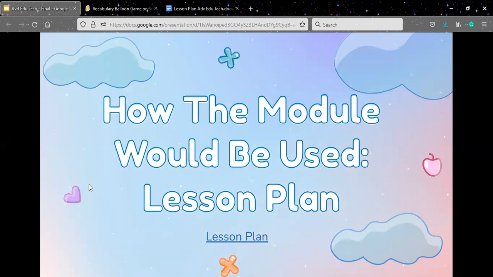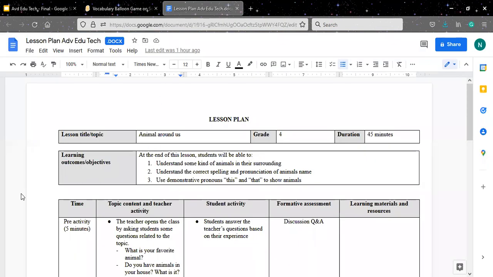Now I will show you how the module will be used in the classroom in the form of a lesson plan. This is an example of the lesson plan that I made for this module. I chose the topic of animals for the elementary level of English proficiency, with a duration of 45 minutes.